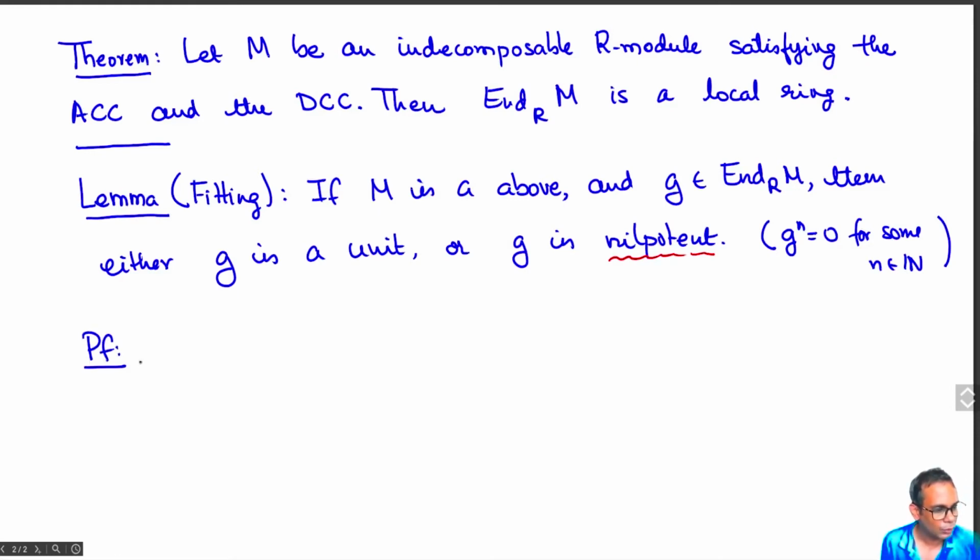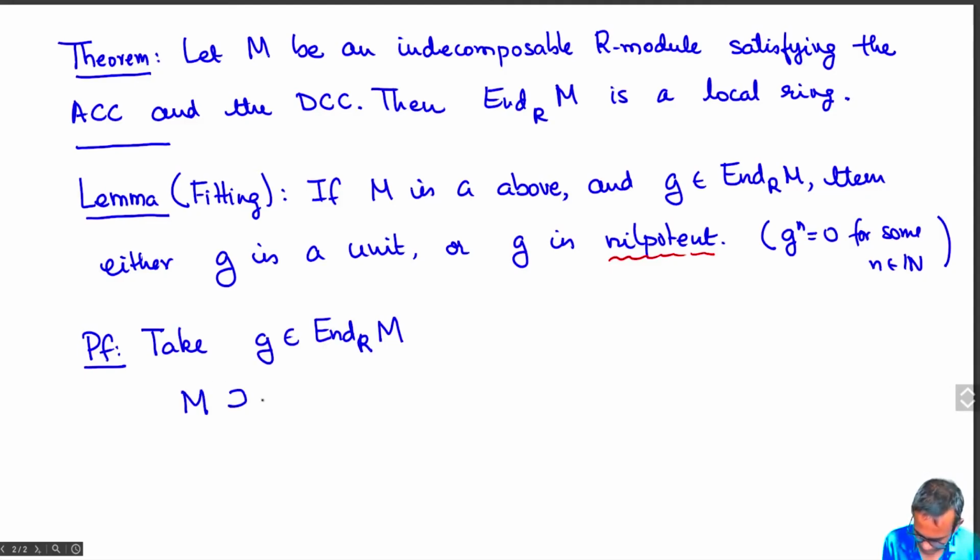What you do is you take any g in End_R(M), and you consider M. It contains as a submodule the image of g, which in turn contains g squared M, and so on.